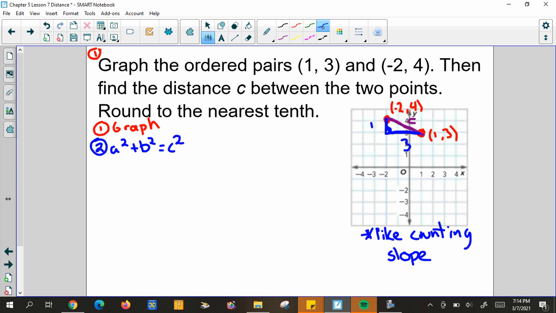Now we'll place our numbers into the equation and begin solving.